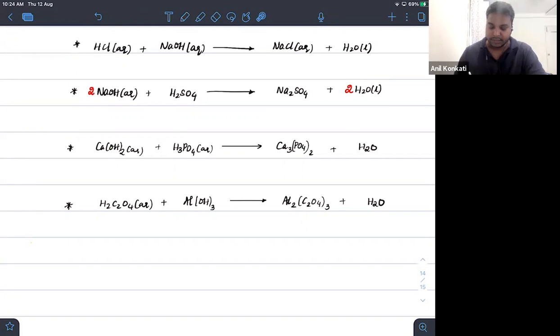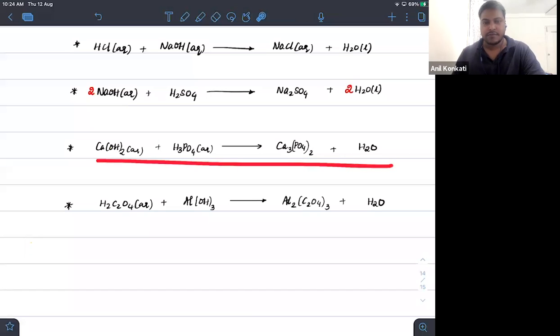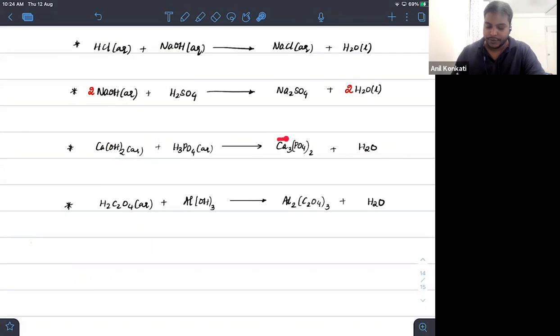So see what is the balancing of the third equation, students. We have 3 calciums here. I need to ensure there must be 3 calciums here. And there are 2 phosphates here, PO4, 2 groups. So I need to ensure there are 2 here. Now I'll count the total number of hydrogens.